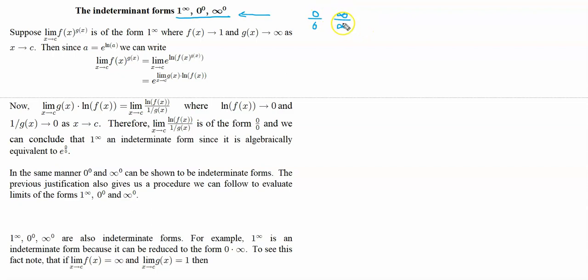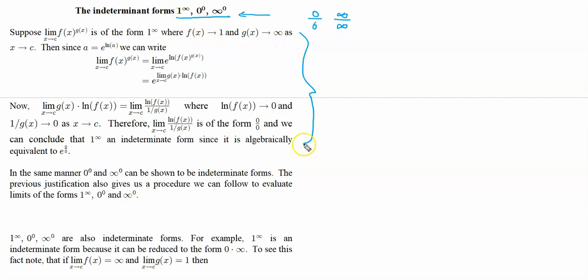And since these are indeterminate forms, these will be also. Now in this discussion right here, we show that you can rewrite a limit of the form 1 to the infinity as a limit incorporating the form 0 over 0, and since that is indeterminate, so is 1 to the infinity.